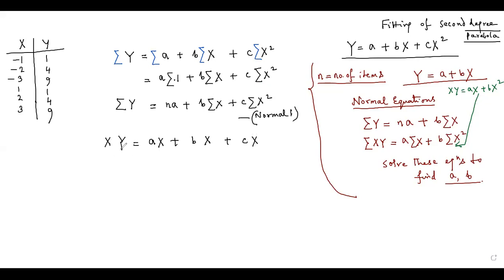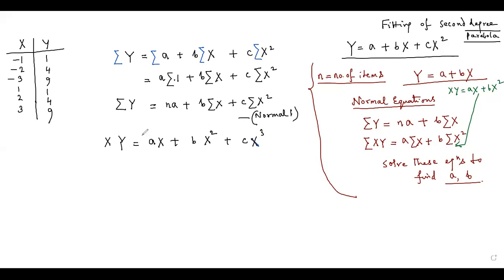So we get xy on the left hand side, ax on the right hand side, bx square for the second term, and this term was cx square, so we get cx cube over here.